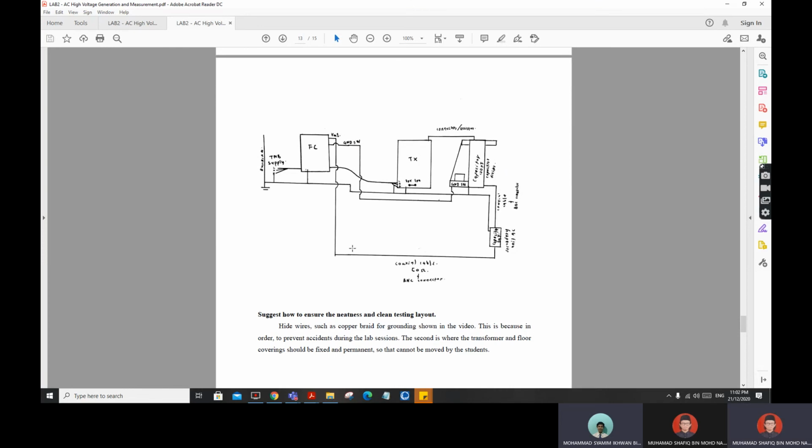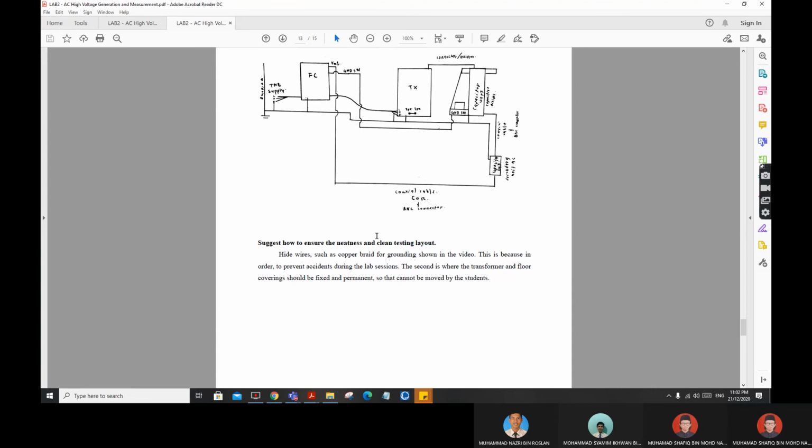Basically, this is the schematic diagram for the AC high voltage generation and measurement. Suggest how to ensure a neat and clean testing layout. Hide wires such as the copper braid for grounding, as shown in the video, to prevent accidents during the lab session. Second, the transformer and floor covering should be fixed and permanent, so that they cannot be moved by students.